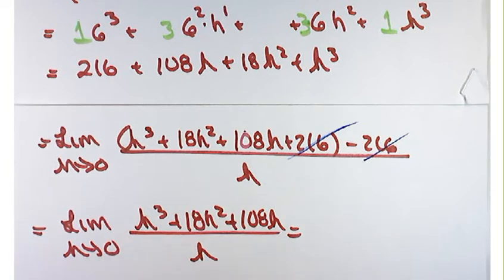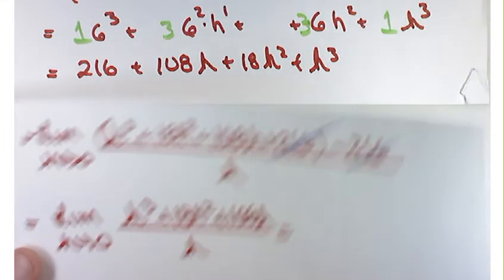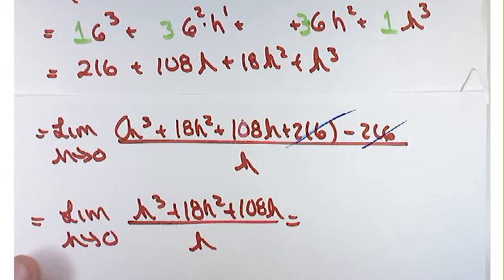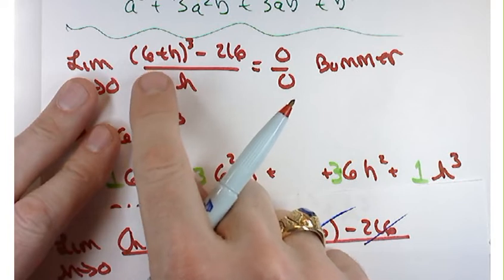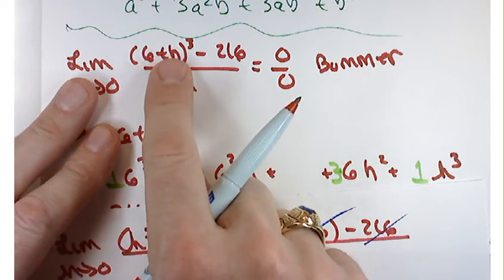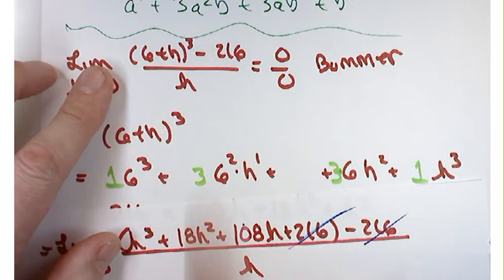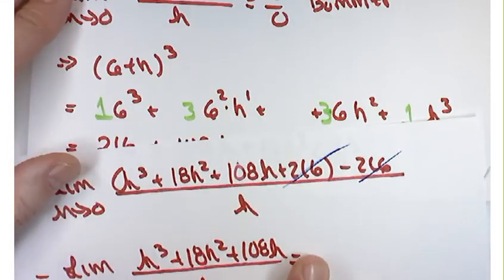No, it's not, because the cube here was on the outside. So it's not like I had a 6 cubed and an h cubed. I had the whole thing cubed. So it's a good question.